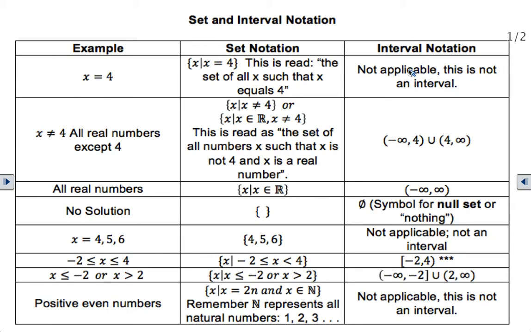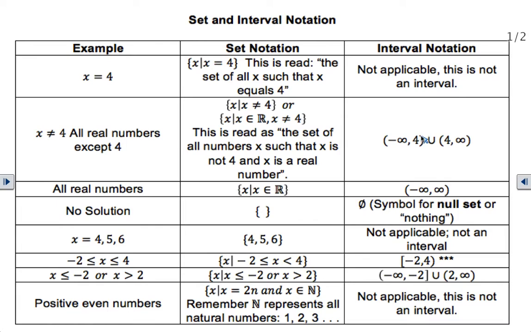Now, there are some times where in interval notation you can't set anything up, and that's the case here. And then in this one, x cannot equal 4. So it equals all real numbers. This is the symbol for all real numbers. And then notice we have a parentheses here because we can't ever get to negative infinity.